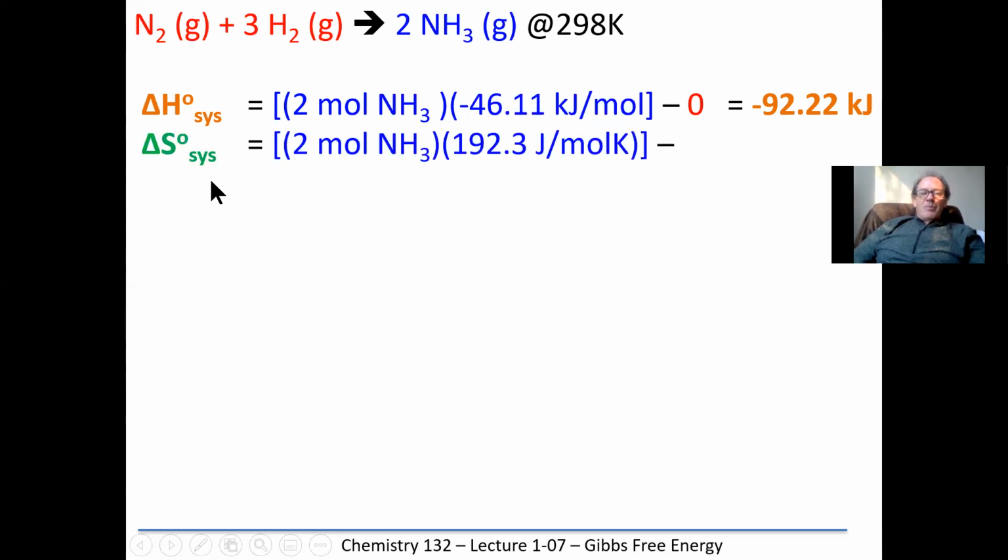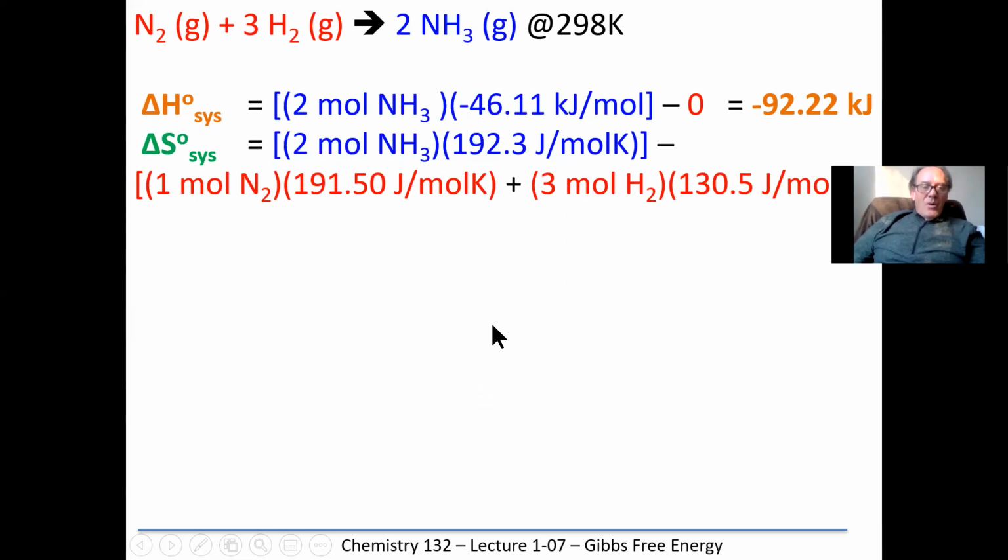Delta S of the system, we can use tables again to figure out, but this time remember the S values for hydrogen gas and nitrogen gas elements are not 0. One of the big differences between calculating delta S and delta H. So doing the math, we can say 1 mole of nitrogen times the value for the entropy of the nitrogen added to 3 moles of the hydrogen times the value for entropy of the hydrogen.